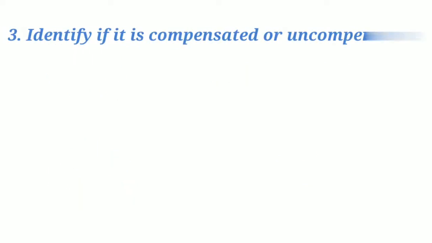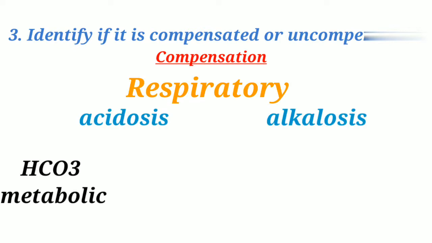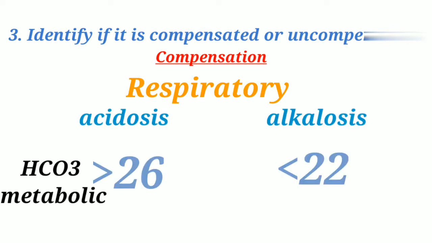Third is identify if it is compensated or uncompensated. Firstly, in case of respiratory acidosis or alkalosis, we have to check the base. If the level is between 22 to 26, the normal value, it's compensated.